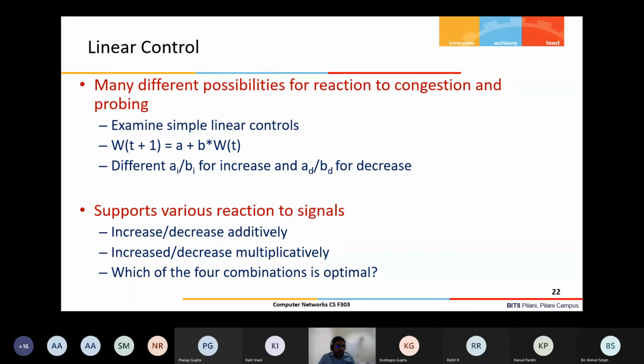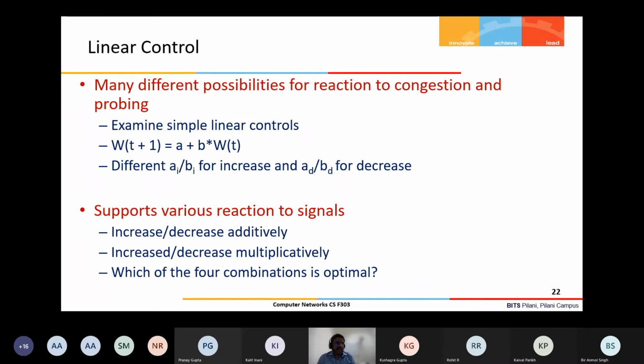Now we will understand that this control system can be devised as a linear control, or you can devise an exponential control. If you have non-linear parameters, then you may have an exponential control. So we'll just take a linear control.